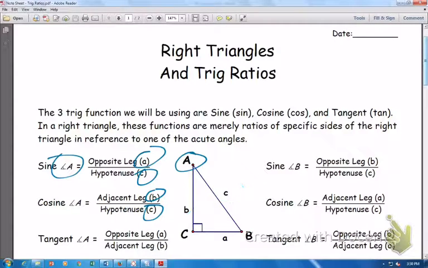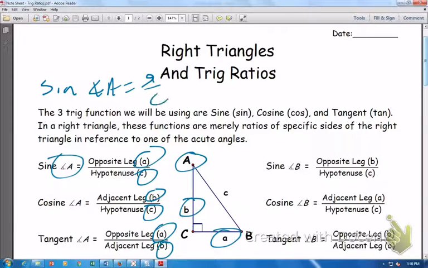Tangent of angle A compares the length of the opposite leg to the adjacent leg, so a over b. If I wanted to write them out without all these words, the sine of angle A would be a over c, just a fraction.